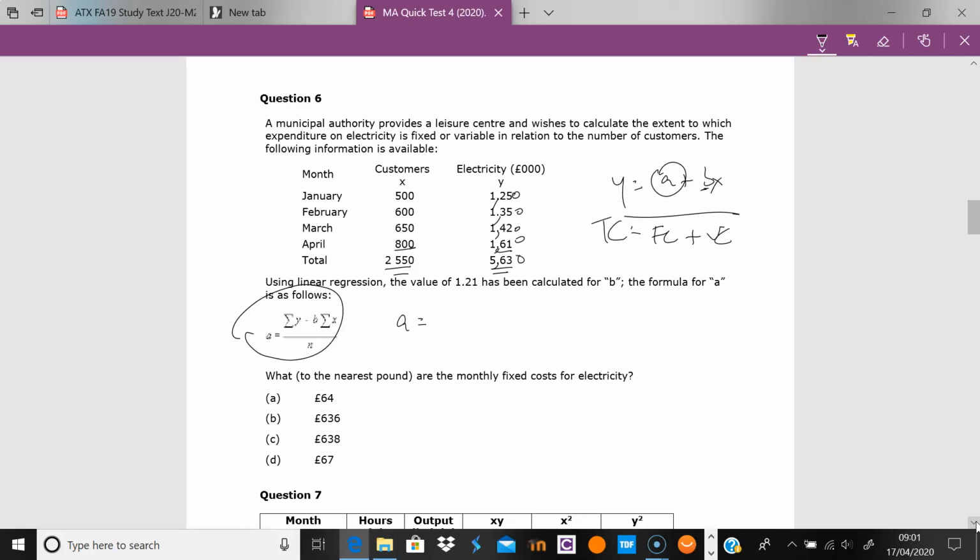A is equal to the sum of y, all of y, which was 5630, minus the given B, 1.21, times the sum of x, which was 2550, divided by the total number of inputs, and you have 4 of them. It's very easy to pick 5, but remember, the total isn't one of them. Divided by 4. And when you do all this, you should get 636. Cool. Great stuff.